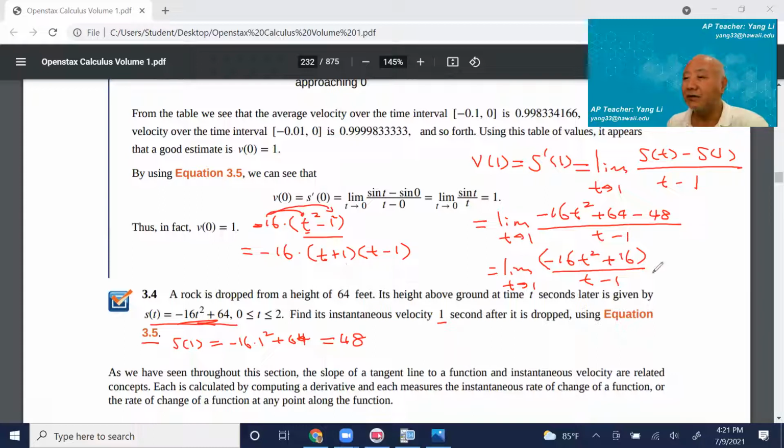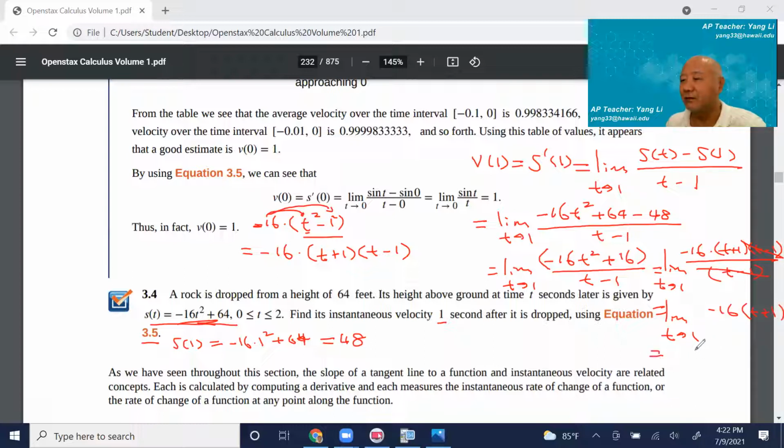Now the limit as t approaches 1 of negative 16 times (t plus 1)(t minus 1) over t minus 1. The beautiful part is that these two cancel, leaving the limit as t approaches 1 of negative 16 times (t plus 1).